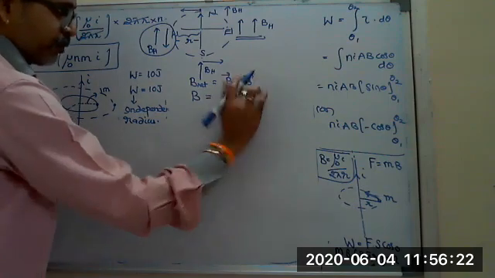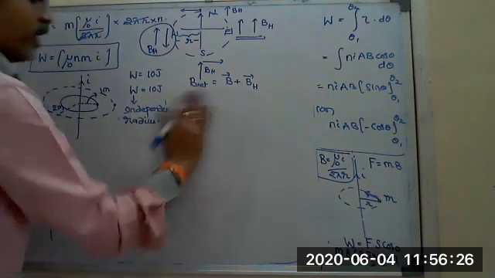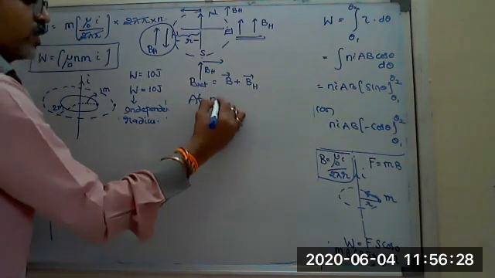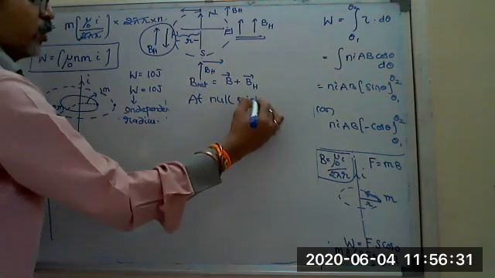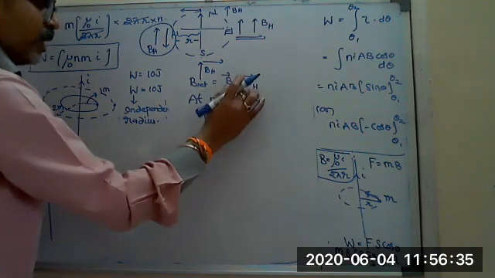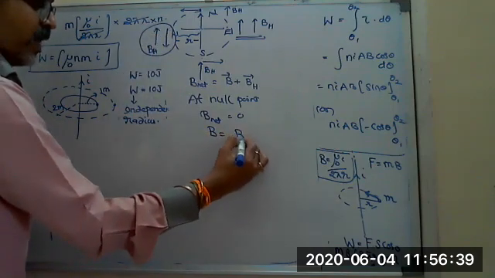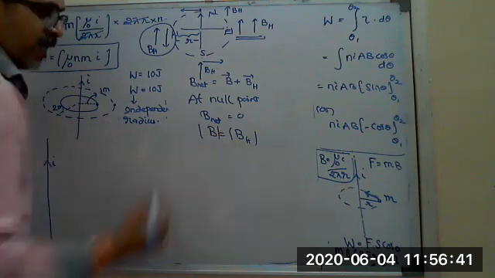At the null point, B net equals 0, which means these two must be equal in magnitude and opposite in direction. So B equals BH, equal in magnitude.